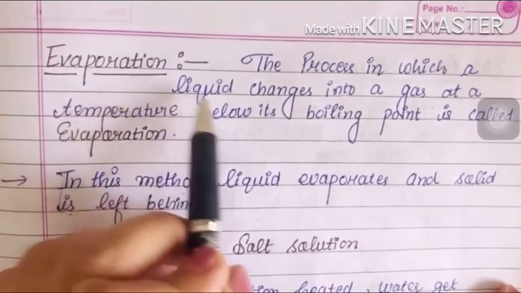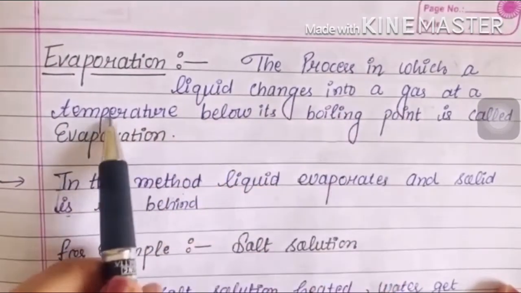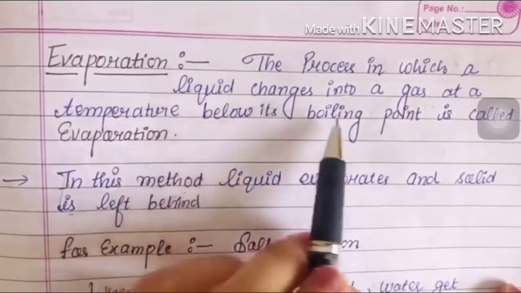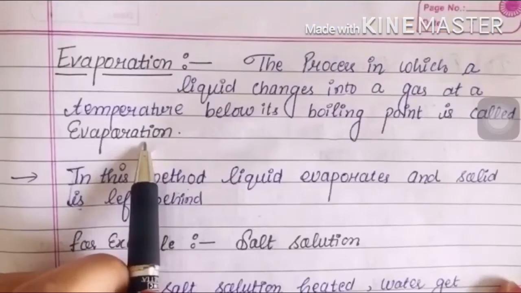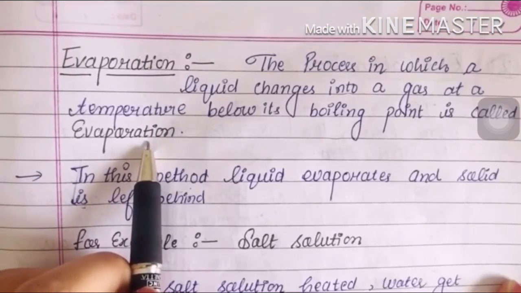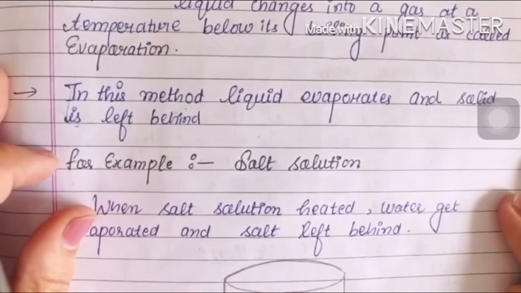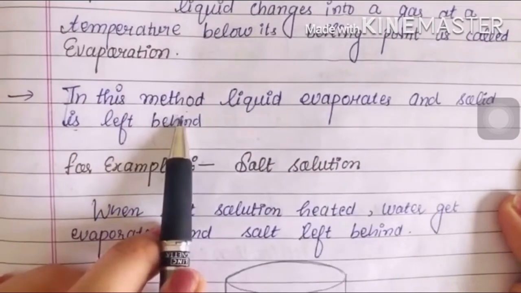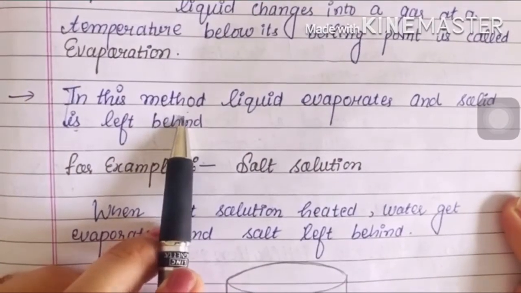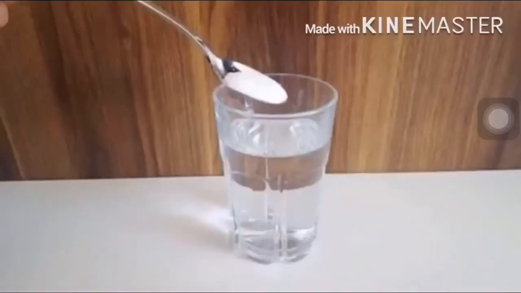Evaporation is the process in which the liquid changes into gas at a temperature below its boiling point. In this method, the liquid evaporates and the solid is left behind. So we have to separate that solid from the liquid. For example, salt solution.